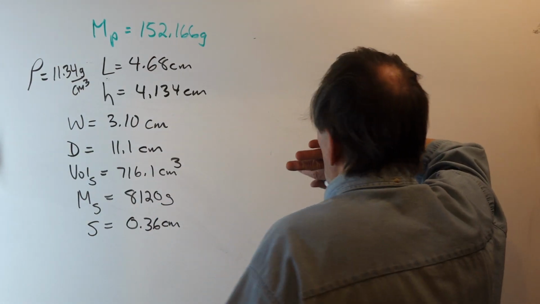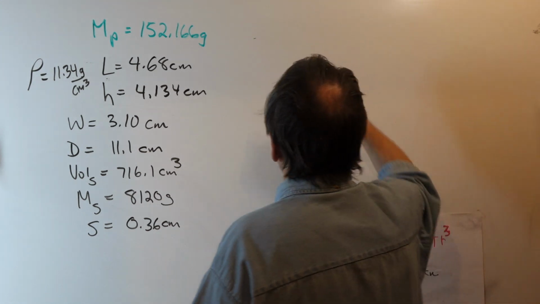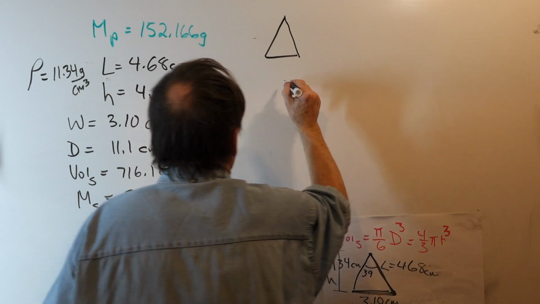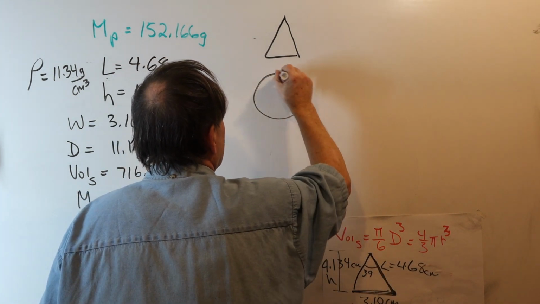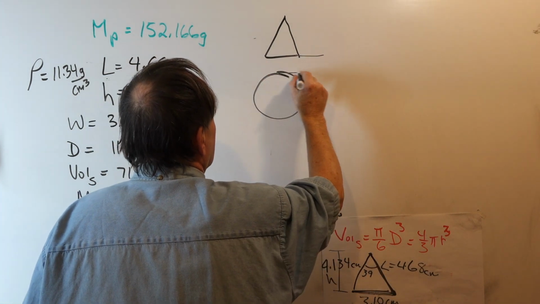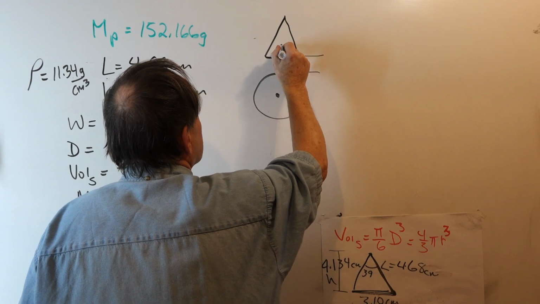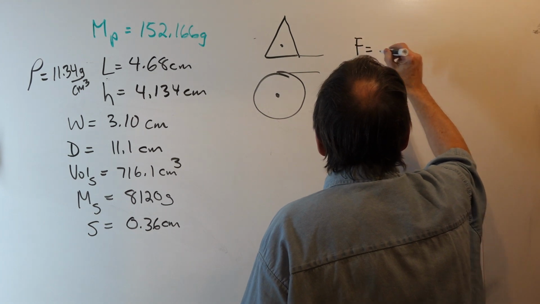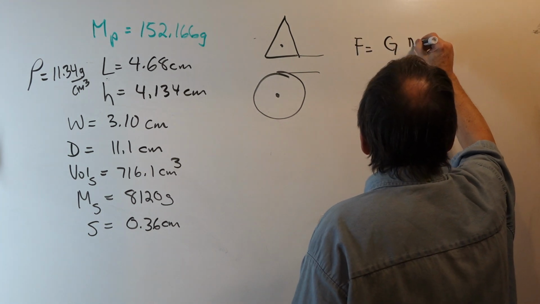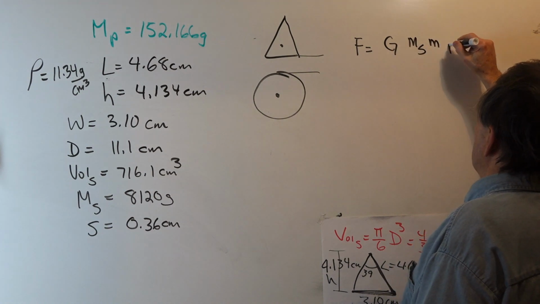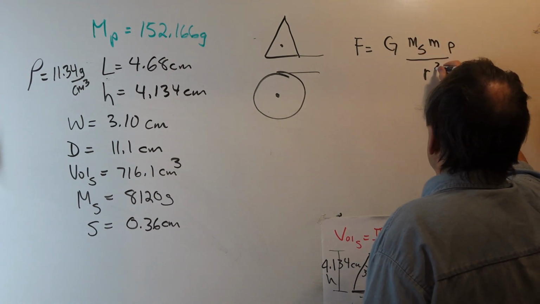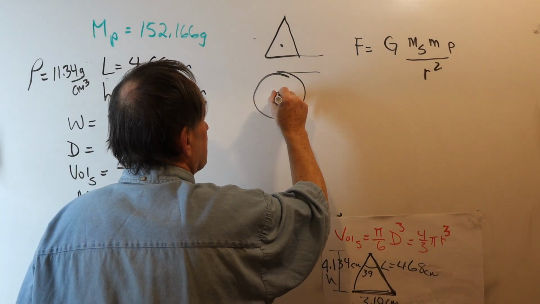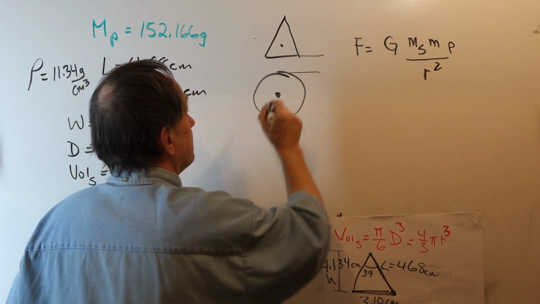Okay, so now let's compute the force of attraction. We have our sphere and our pyramid. We've moved our sphere. I'm exaggerating the gap here. So to compute the force of attraction from Newton's force law, we have force is big G times the mass of the sphere times the mass of the pyramid over the separation distance squared between the centers of mass. The center of mass of the sphere is at the center.